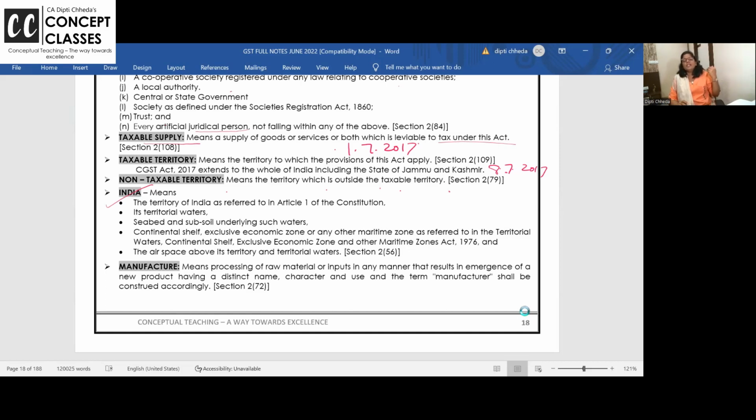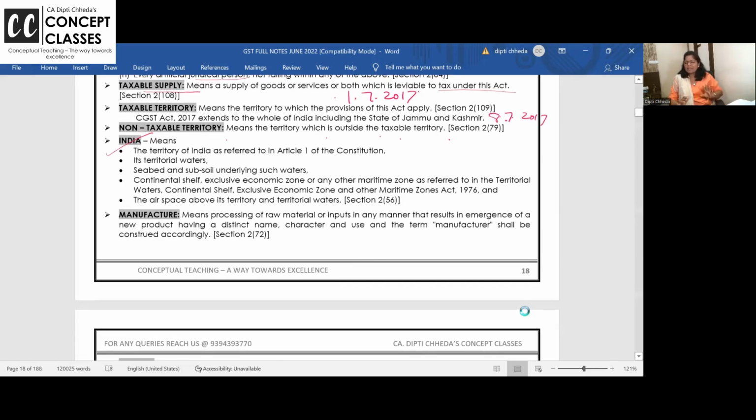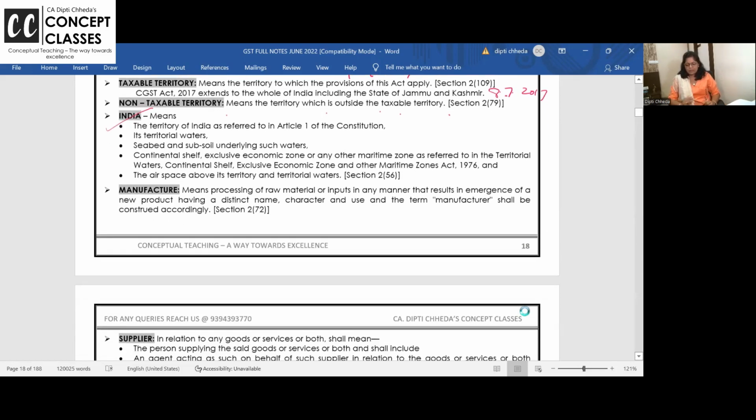So whether you sell goods or services on board, on air, those balloon services, paragliding, sailing, all these underwater activities, on all this GST is charged. So India includes territorial waters, seabed, continental shelves, and SEZ, meaning the exclusive economic zone is included.